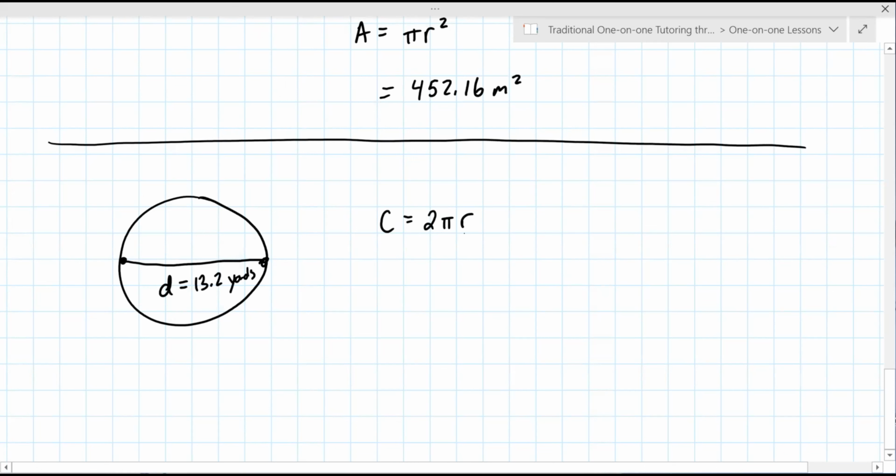You're going to take the diameter and figure out the radius from the diameter. The radius means half, so we divide by 2. This number right here, 13.2 yards, is the diameter. When there's a straight line, it's called diameter.